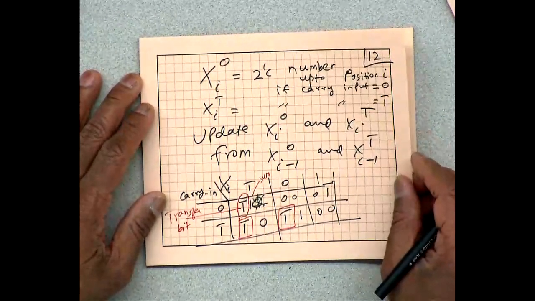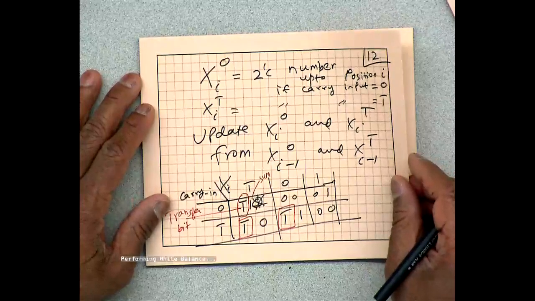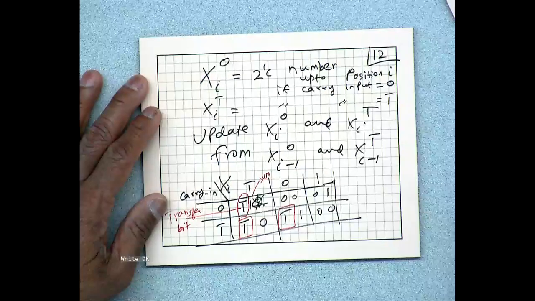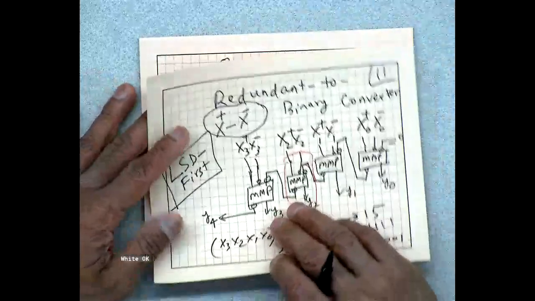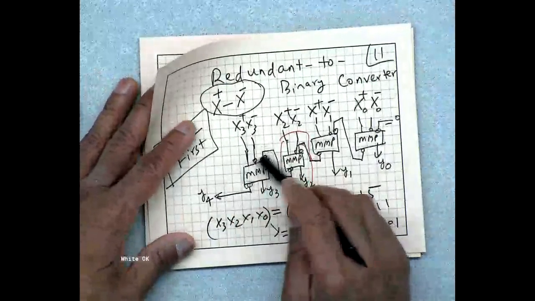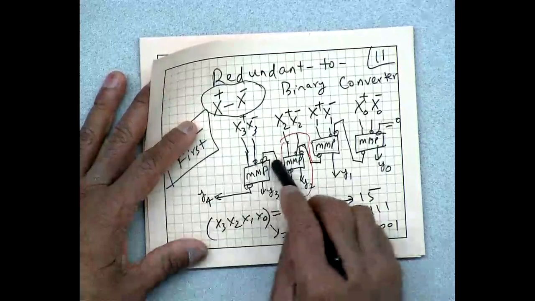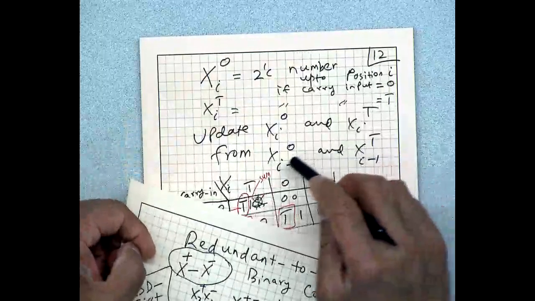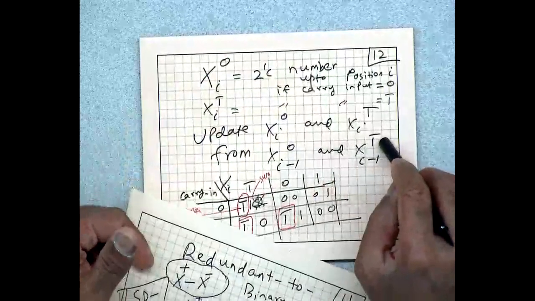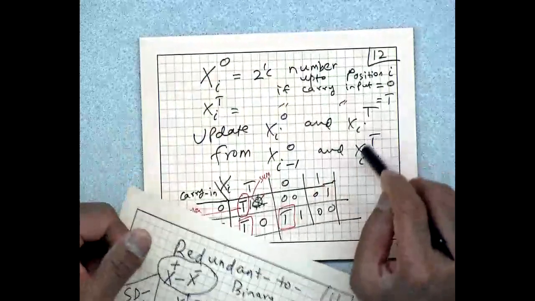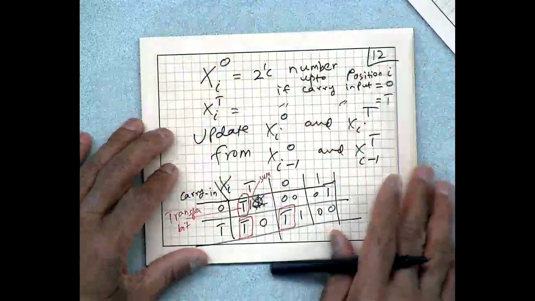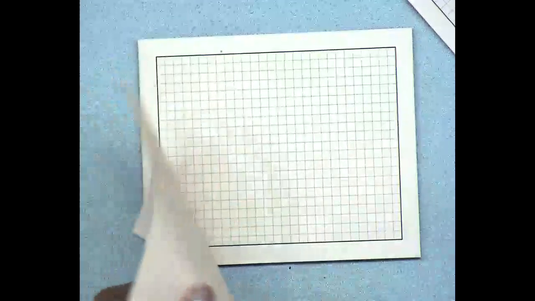So I was talking about how we can update this. Think about it: I've gone through here, I've come from the MSB, I've come up to here. I have xi minus 1, 0 and xi minus 1, 1 bar, and then I need to compute what xi is, xi 0 and xi 1 bar.